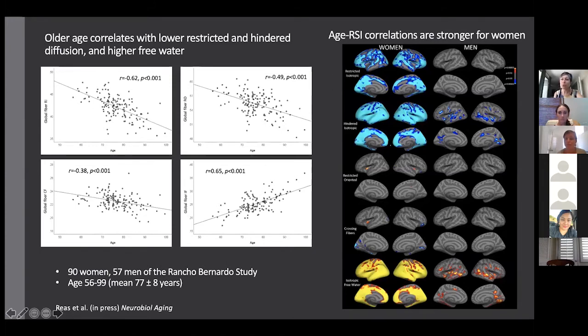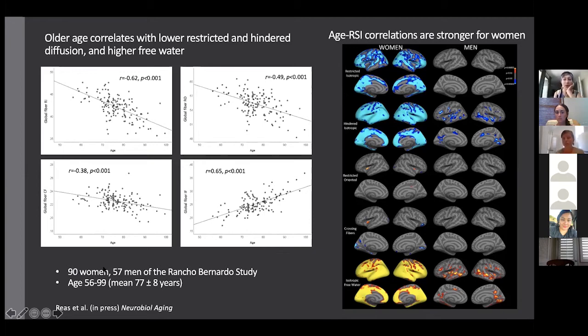Each of these rows is showing a different RSI measure, and the colors are just showing areas of significant correlations between age and the RSI metric. The blue colors are showing negative correlations, the warm colors are showing positive correlations, and as you can see, our women are showing much stronger correlations between older age and lower restricted diffusion, higher isotropic free water than men.